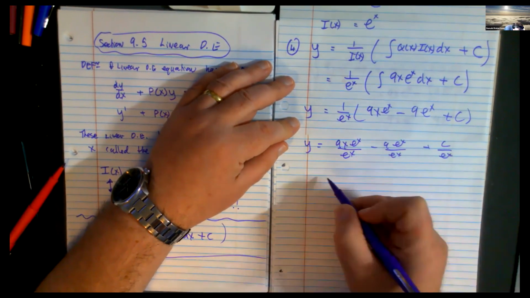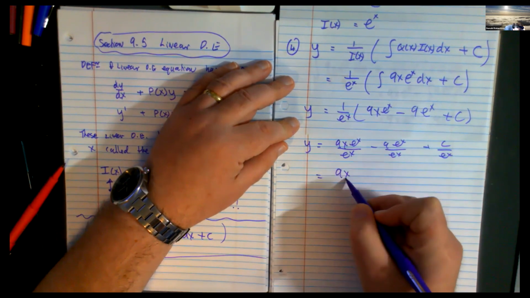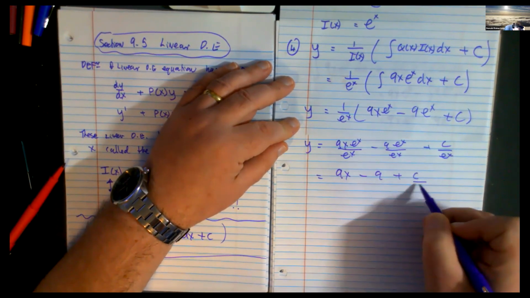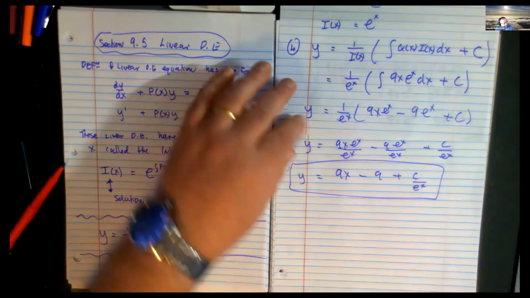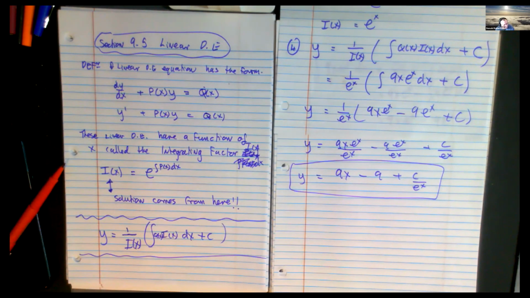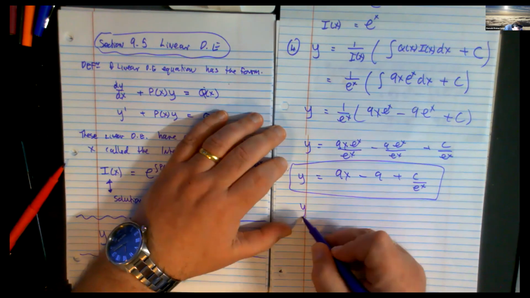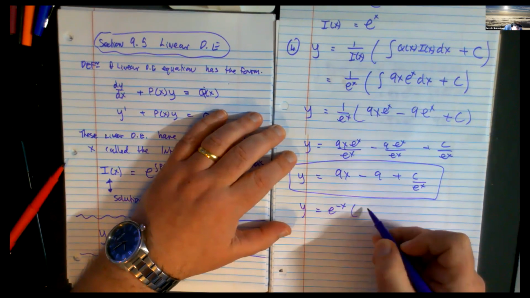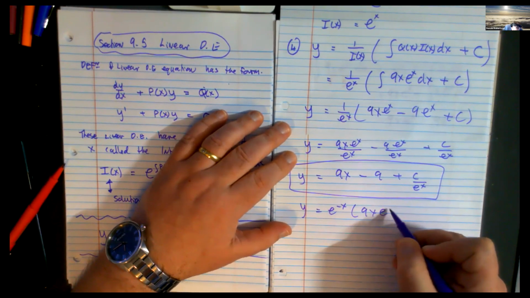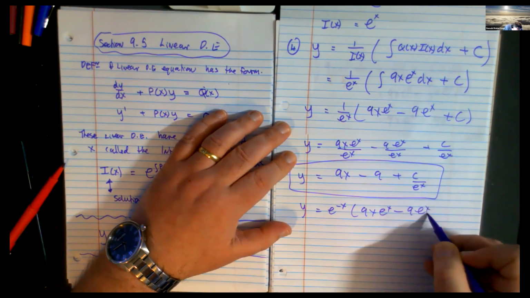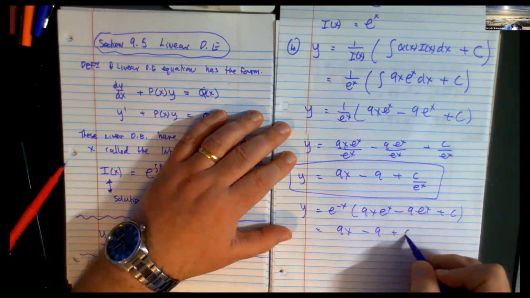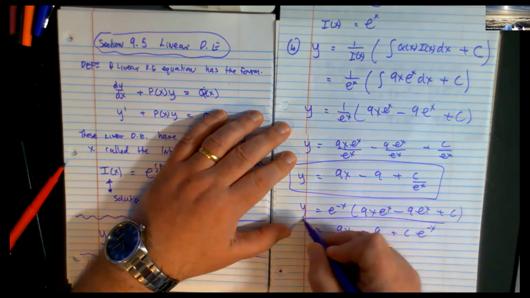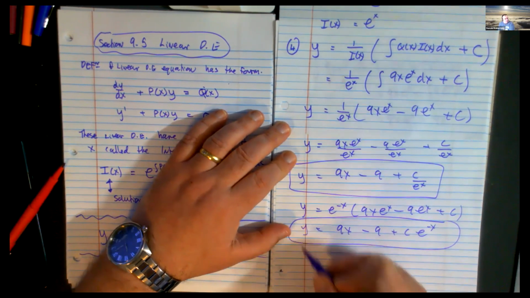And we get quite a lot of cancelling, don't we? And that is a totally acceptable answer. Would you agree that looks a little bit prettier? Another technique is, couldn't I call it e to the negative x? And distribute it that way. And I'd get this, which is an equally acceptable answer.